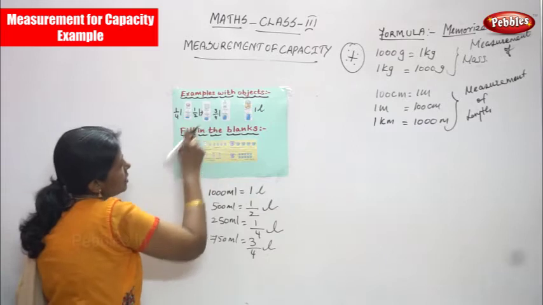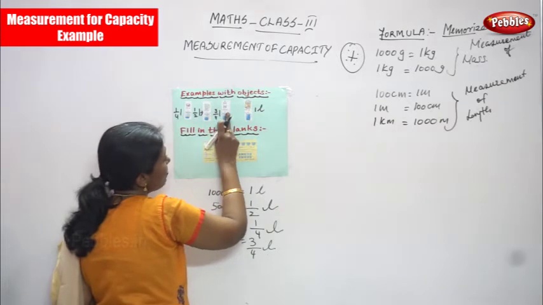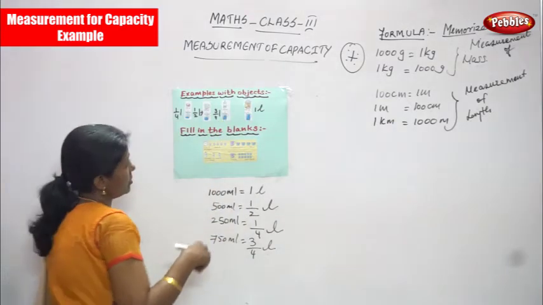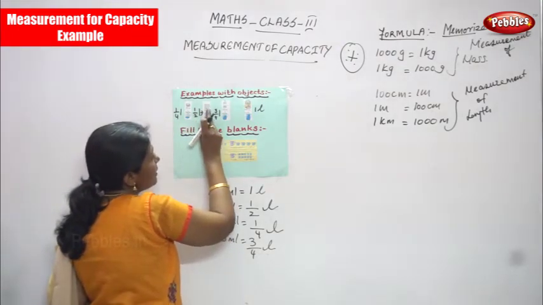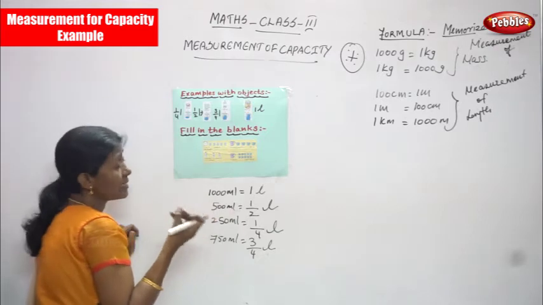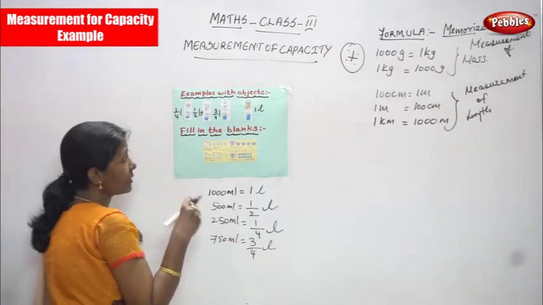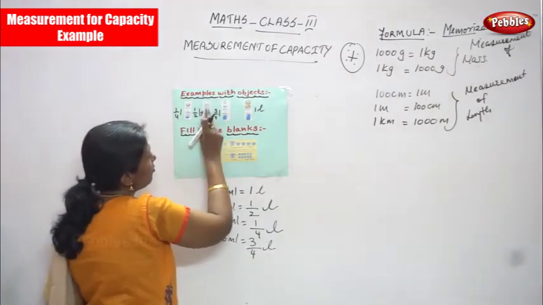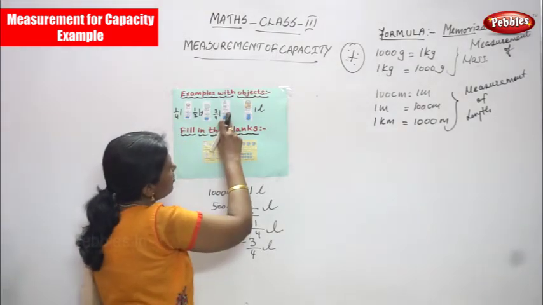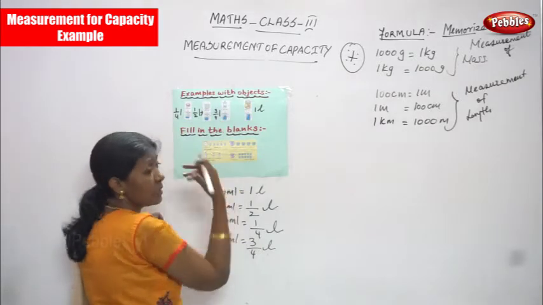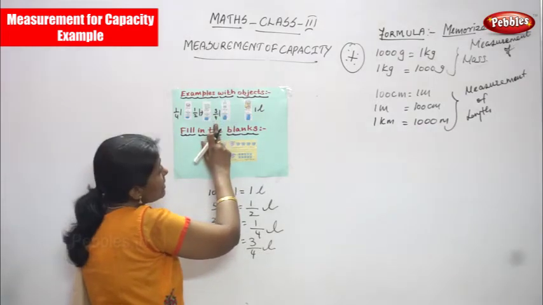This mug holds 500 ml of water, otherwise we can call it half a liter of water. This is 750 ml of distilled water or acid or even water. 750 ml is nothing but 3/4 liter.